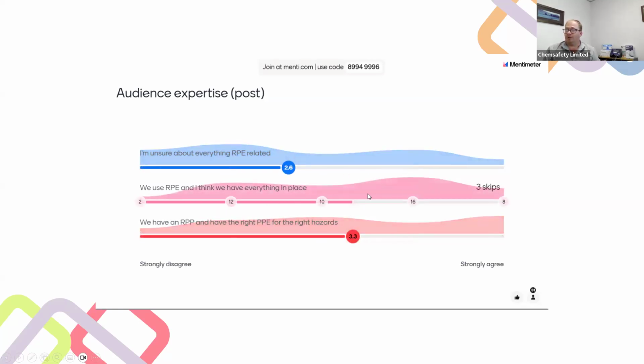There's quite a broad spread of people who think they have everything in place, and that's good to see. These people are reasonably confident, and we tail off to being a little bit less confident. And in terms of having a respiratory protection program and the right PPE for the right hazards, it's quite flat. There are those that are really confident, the group that are unsure in the middle, and then a small group that are not particularly sure at all. So that is awesome.